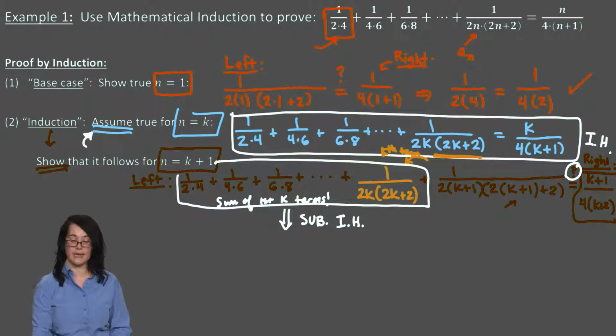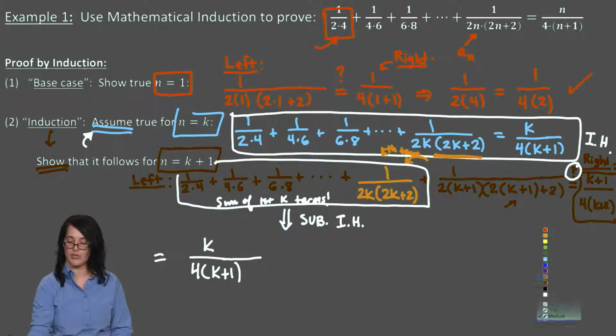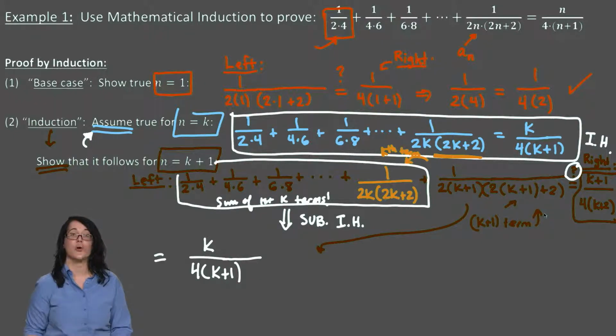So what does that mean? On the left side, I now have k over 4 times (k plus 1). So that's this part here. And then right next to it, I have to copy what I had on the right of it, which was the k plus 1 term. This was the k plus 1 term. So I need to actually copy that.